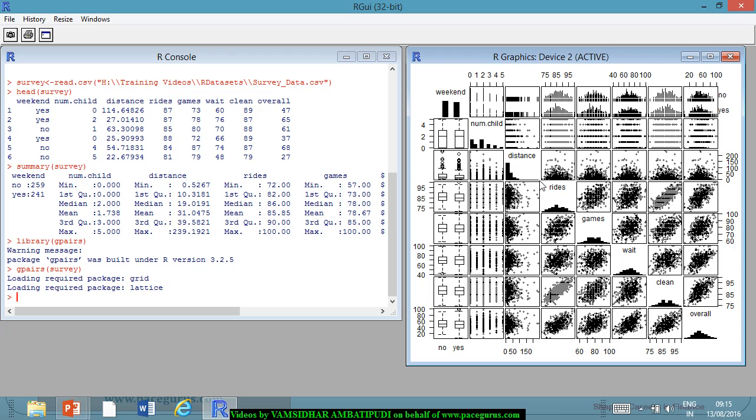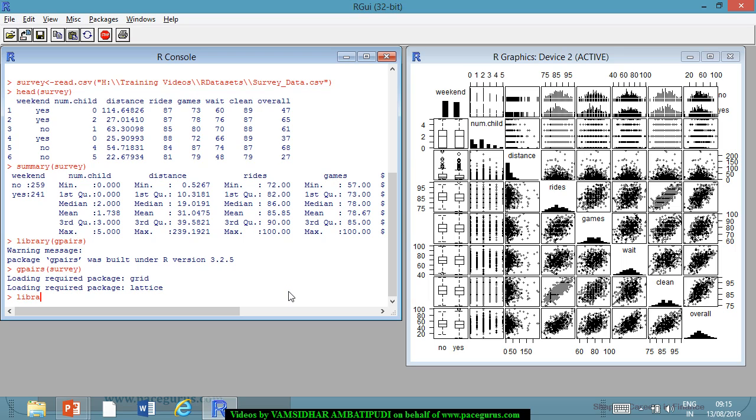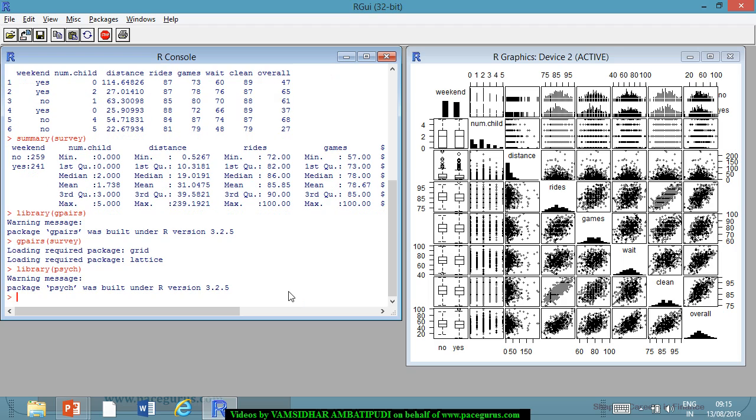Otherwise, I can also quickly check the descriptives from the psych package. So let me load the psych package, and on that I'll take the describe of survey.